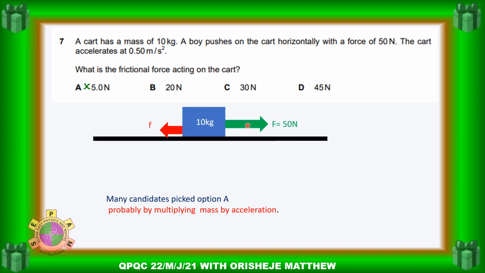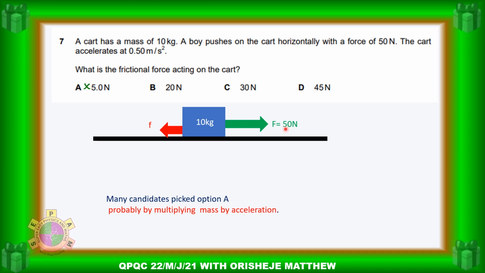If you look at the forces, the cat is pushed with a force of 50 Newton. Let's assume it is pushed to the right, then the frictional force acts to the left. We are looking for the frictional force acting on the object.